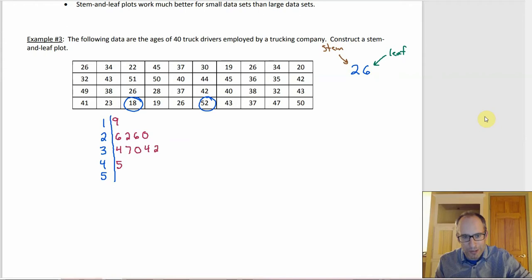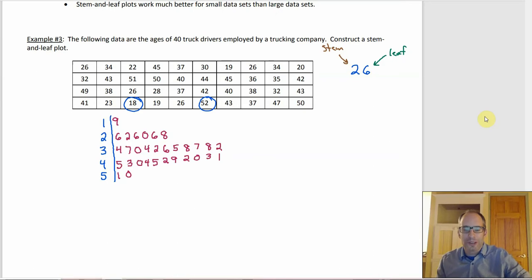But we're going to have 32, 43, 51, 50, 40, 44, 45, 36, 35, 42, 49, 38, 26, 28, 37, 42, 40, 38, 32, 43, 41.